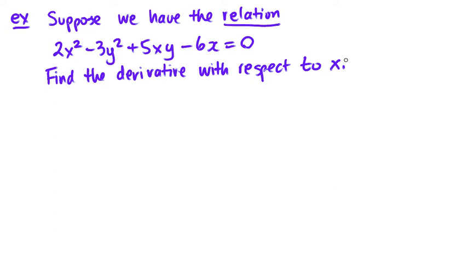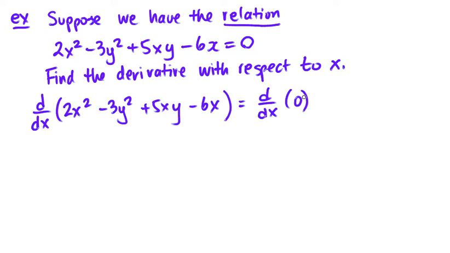So let's start by just stating what we want to do, which is take the derivative of everything. And by that I mean we're taking the derivative with respect to x of each side of our equation. And that means I can take the derivative and apply it to each part. So let's do that next.